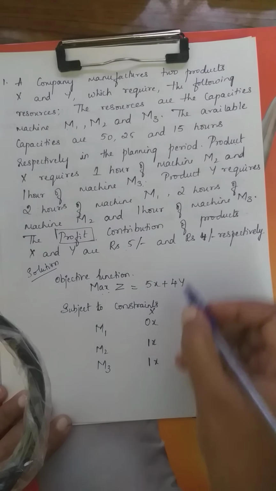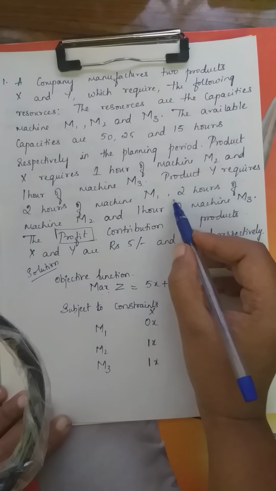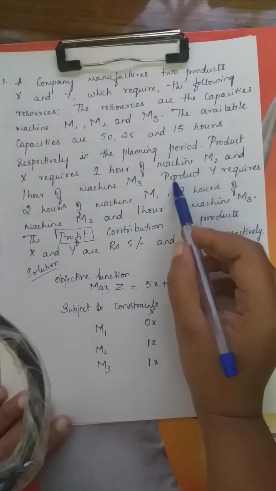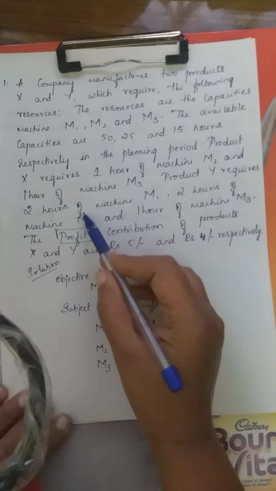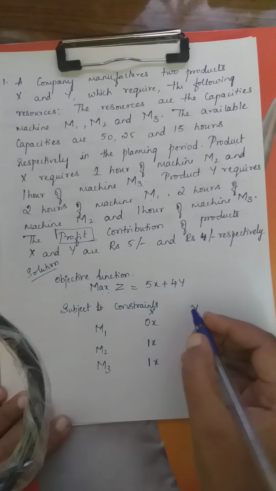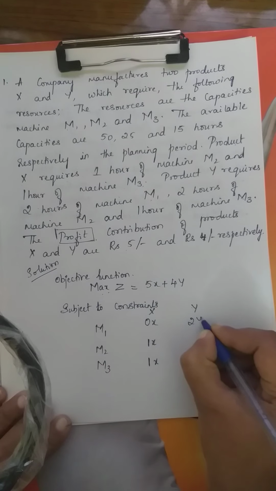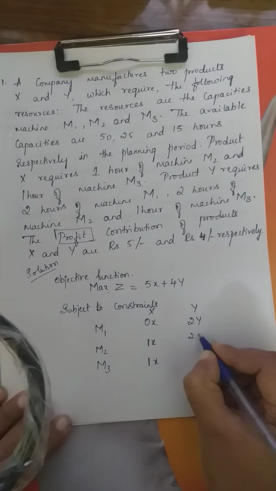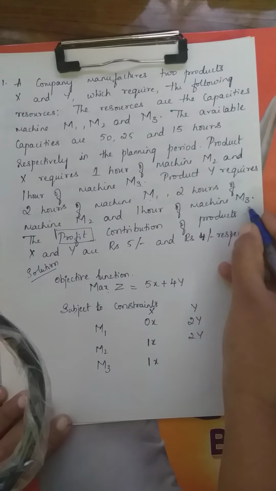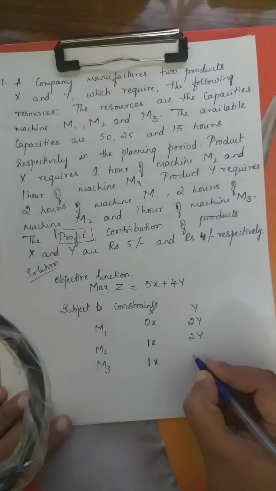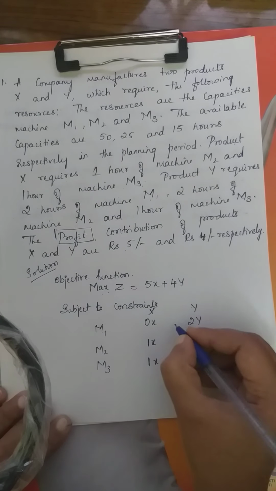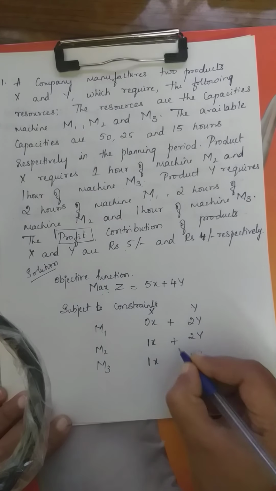Then the first statement is done. The second part of the statement is product Y requires 2 hours of machine M1. So where is your M1 here? 2 hours of machine M1, 2 hours of machine M2 and 1 hour of machine M3. So it is 1 hour of machine M3. Please write down plus in between.